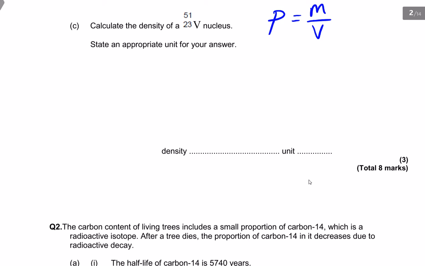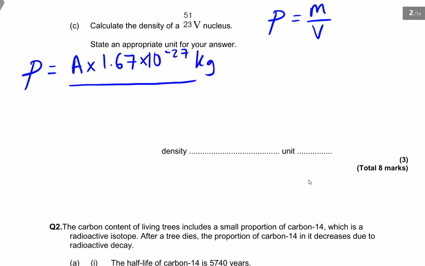The mass is just going to be A times the mass of a nucleon. So A is the total number of nucleons, times the mass of a nucleon, 1.67 times 10 to the minus 27 kilograms.